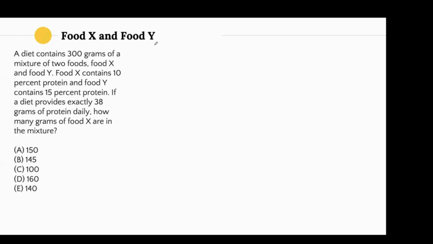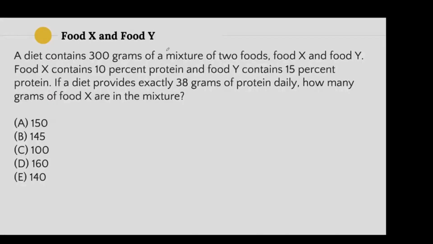Oh, okay. So let's read the question again. A diet contains 300 grams of a mixture of 2 foods, X and Y. So how much is the weight of the diet? 300 grams. Food X contains 10% protein. Food Y contains 15% protein.